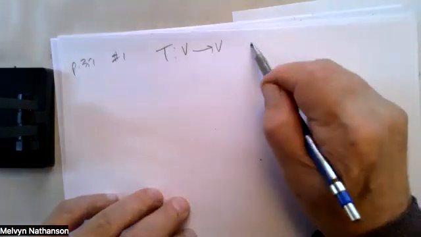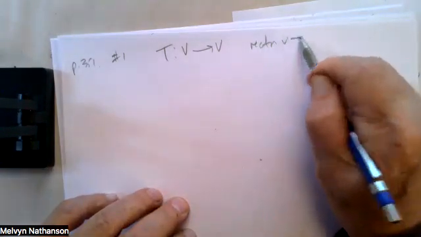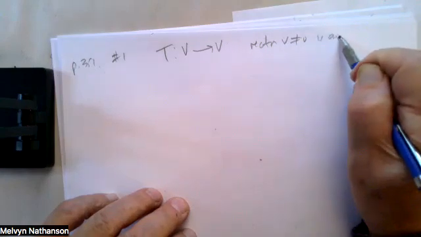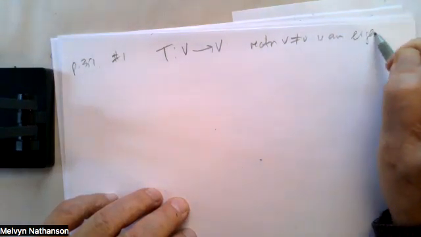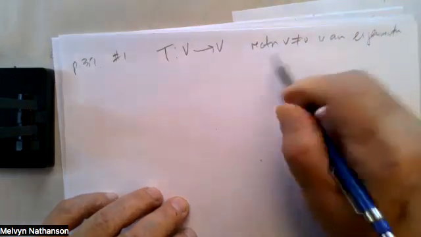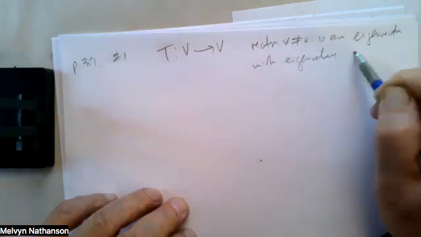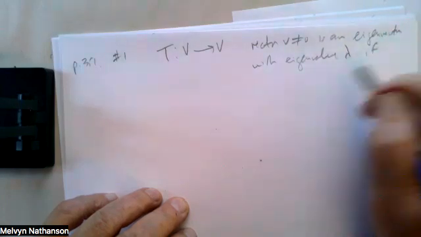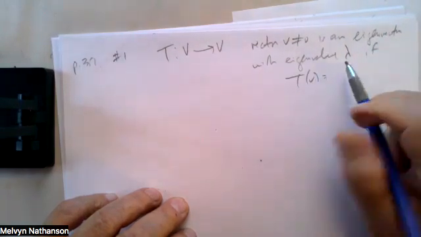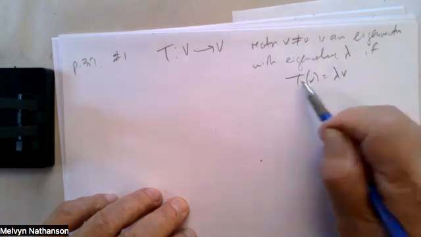And we say that a vector v different from 0 is an eigenvector with eigenvalue lambda if T of v is just the scalar multiple lambda of v.